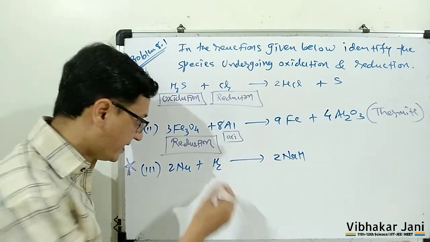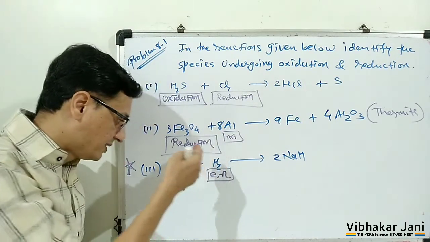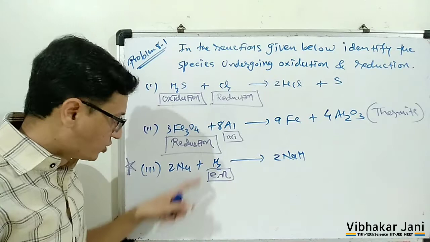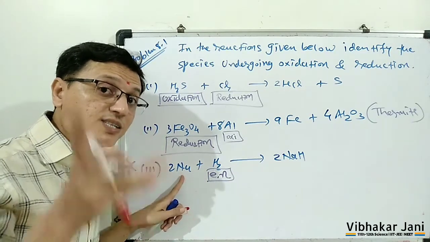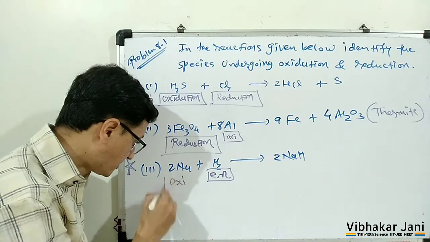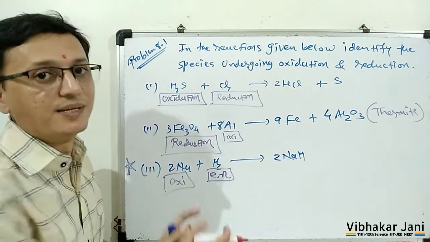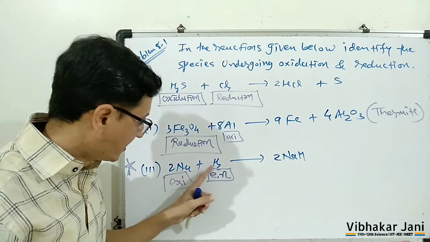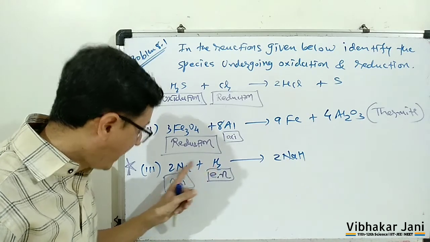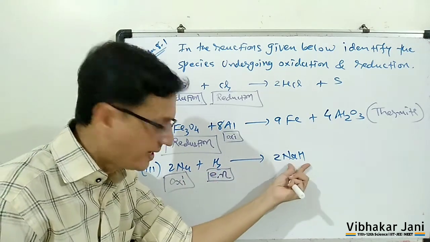So being an electronegative species, this hydrogen is attaching with sodium. So the attachment of an electronegative species is known as oxidation. So this sodium is having oxidation, because this sodium attaches with hydrogen, an electronegative species, to give us NaH.